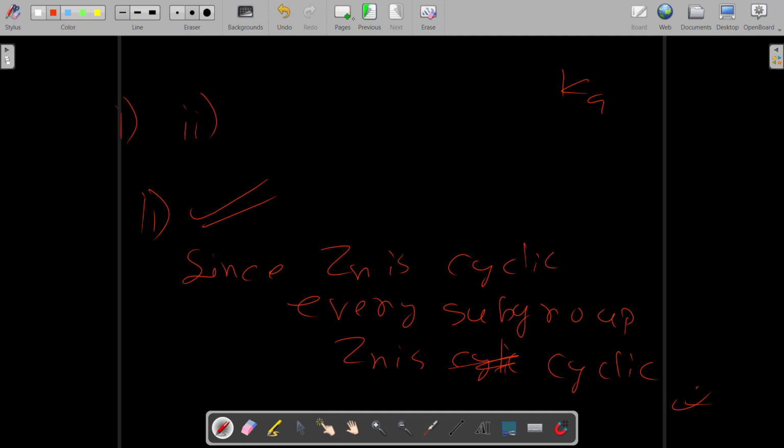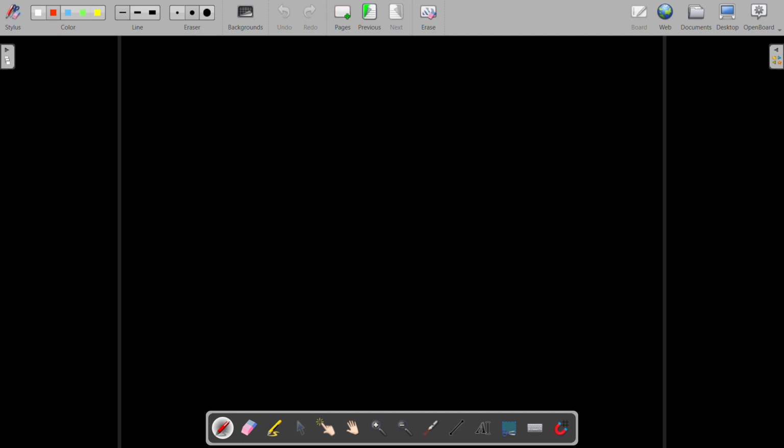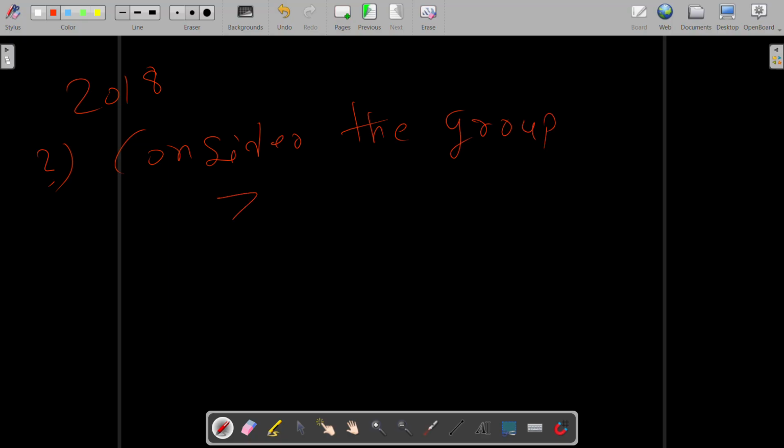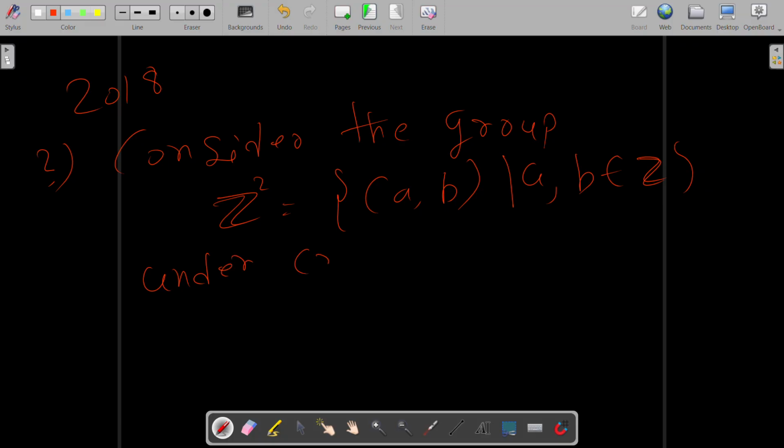Next, the next problem is again from 2018. The question says: consider the group Z square, which is the set of (a, b) where a, b belong to Z, the set of integers, under component wise addition.